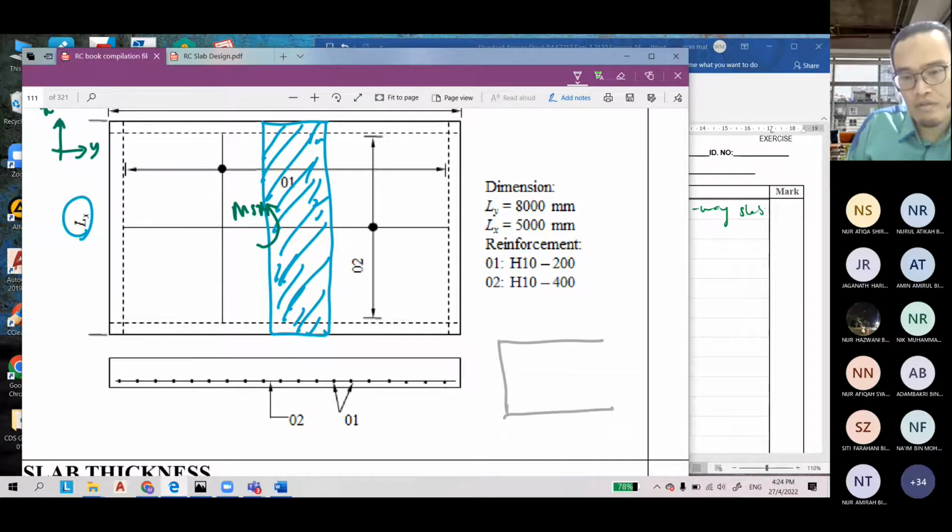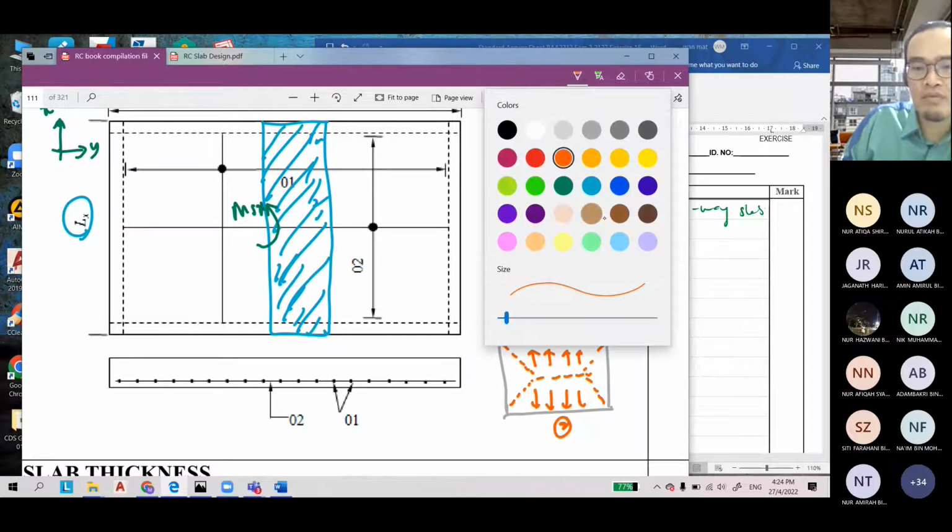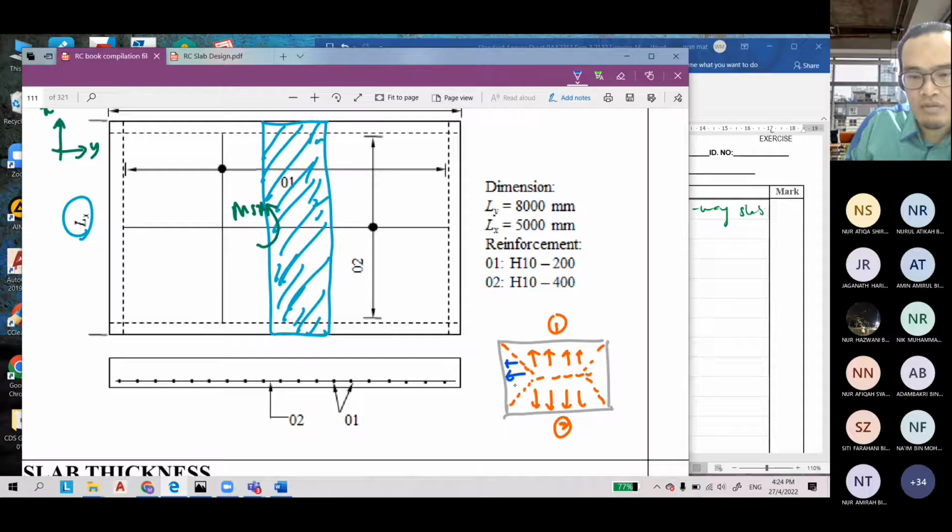This is how the load will be transferred to the beam, to the direction of number 1, number 2. It also will be transferred to number 3 and number 4.